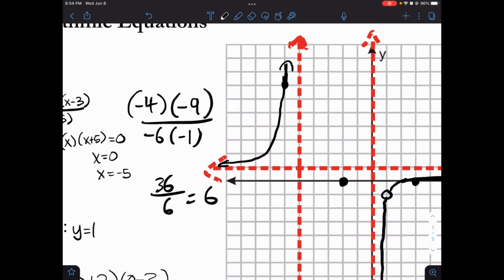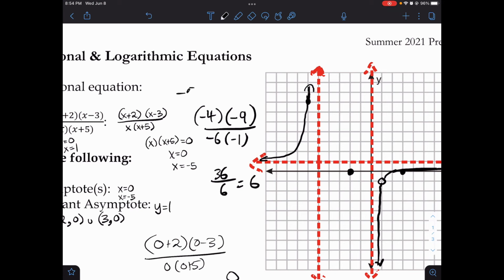So let me plug in a -7. So that gives us -5 times -10 all over -7 times -2, so all over 14. So that's like 50 over 14, which is around, let's see, 2, 3, 4, so a little less than 4, so 3 point, let me just do it on my calculator. 3 point what?